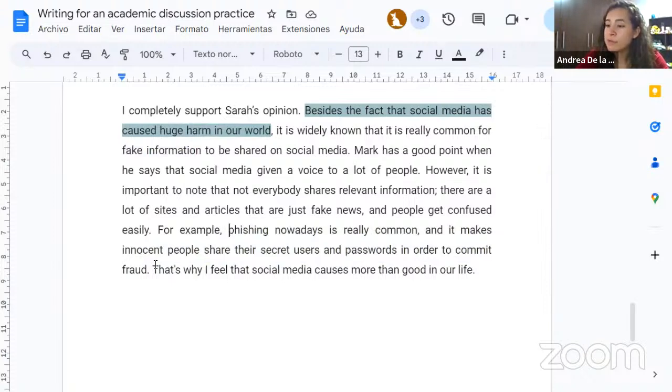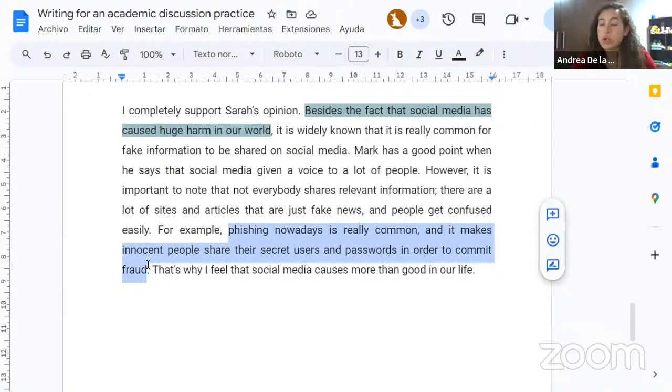So what you would have to do here is include an example that shows that social media has a lot of fake information. So you could say, for example, during the COVID-19 pandemic, there was a lot of fake information going around surrounding the use of masks, or maybe alarming people on the origin of the pandemic or the virus, maybe, right?